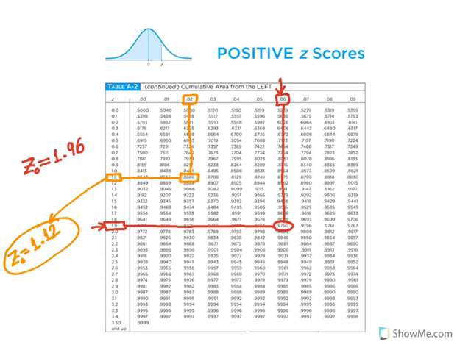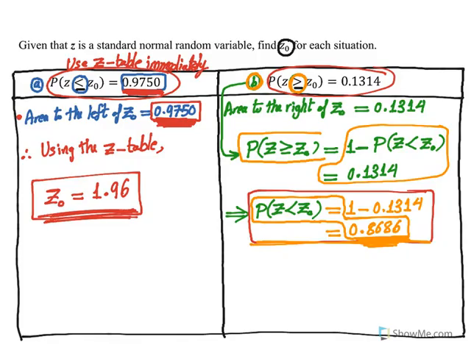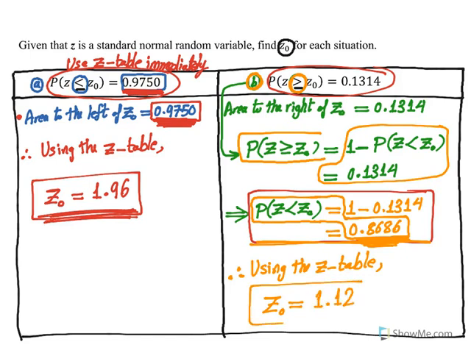And this solves the question. So you just go back and say, therefore, using the z table, the z-score, z0, for this question is 1.12.